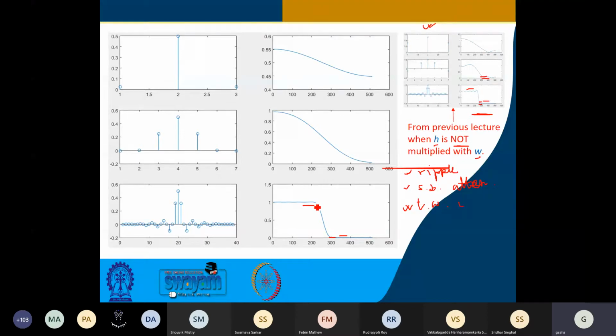But what is a bit difficult for you to figure out, because the scale is different over here, is that the transition width is increased. Okay, somewhat increased, right?